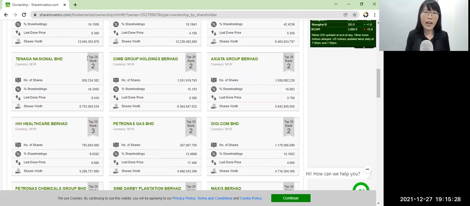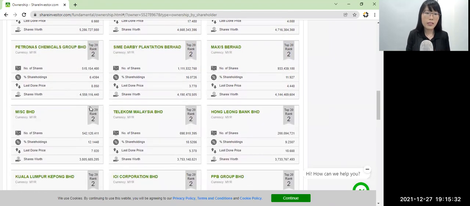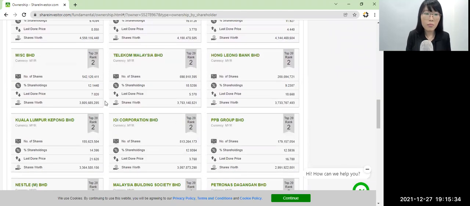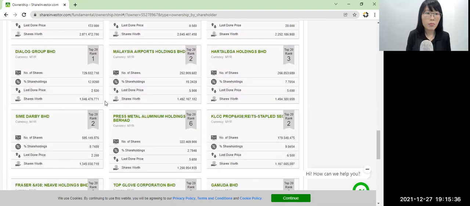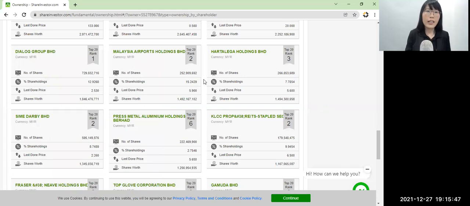And number 1 is Dialog Group Berhad. Where is Dialog Group Berhad? Here, Dialog Group Berhad is rank number 1, and so on. These are all the companies that EPF is a shareholder of.